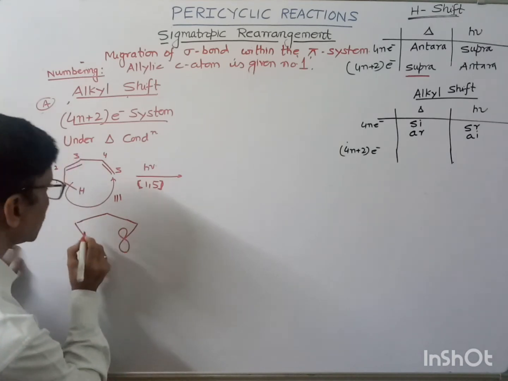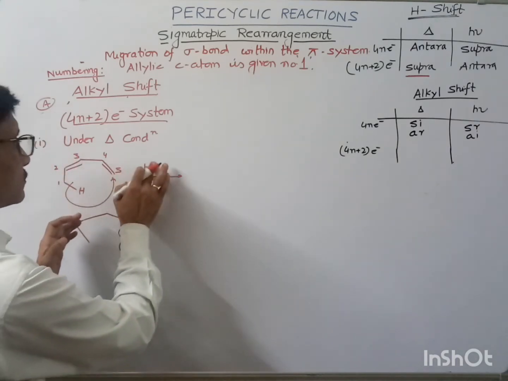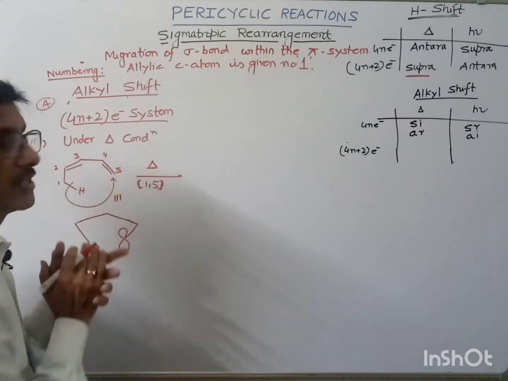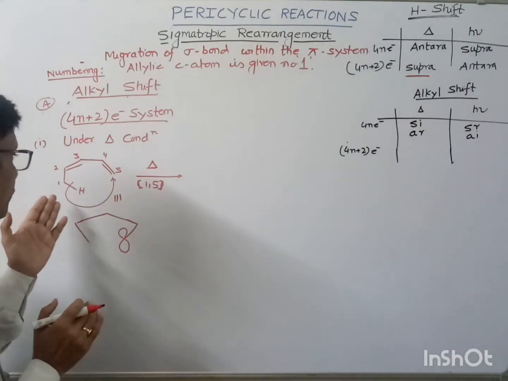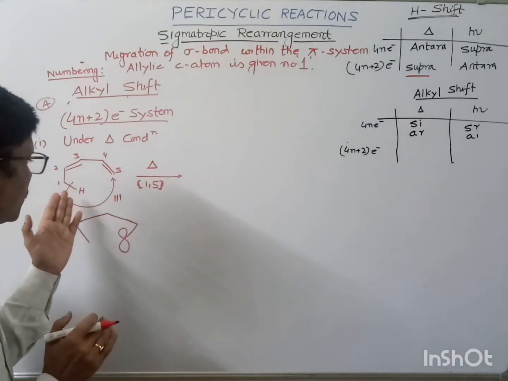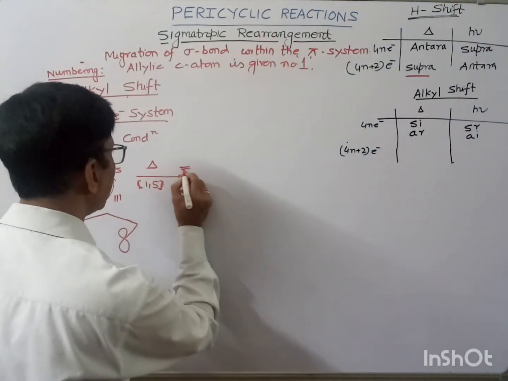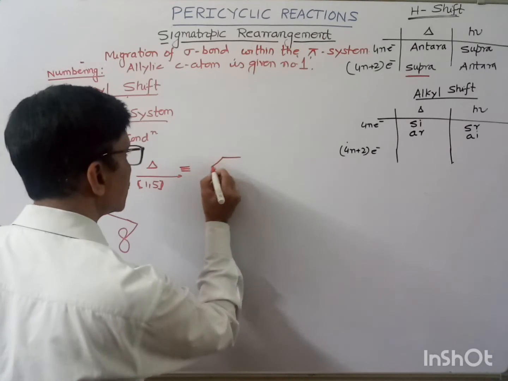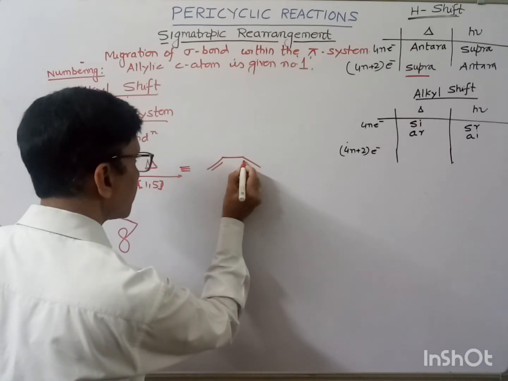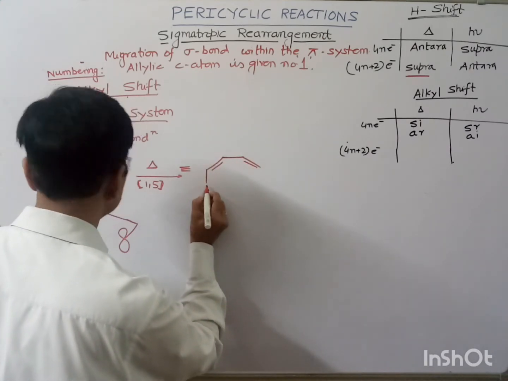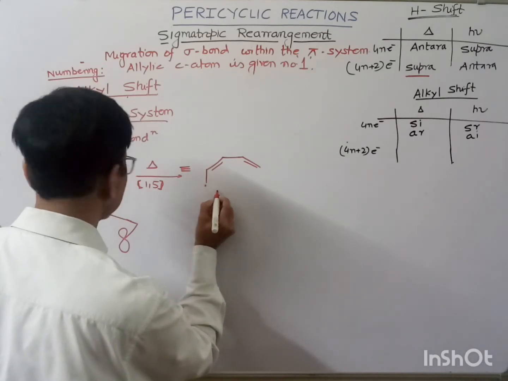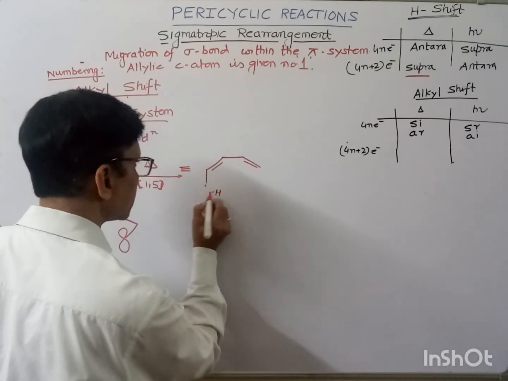Like this. So under thermal condition, what would be the HOMO for this one? We should write it in a radical manner, like this.